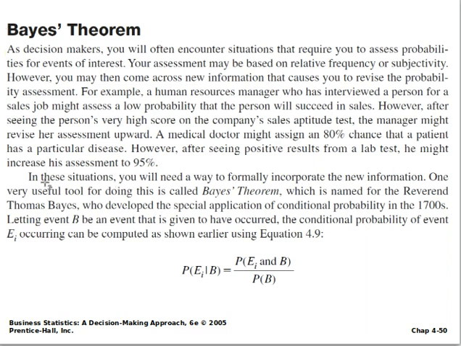In these situations, you will need a way to formally incorporate the new information. One very useful tool for doing this is called Bayes' theorem, which is named for the Reverend Thomas Bayes, who developed the specific application of conditional probability in the 1700s.